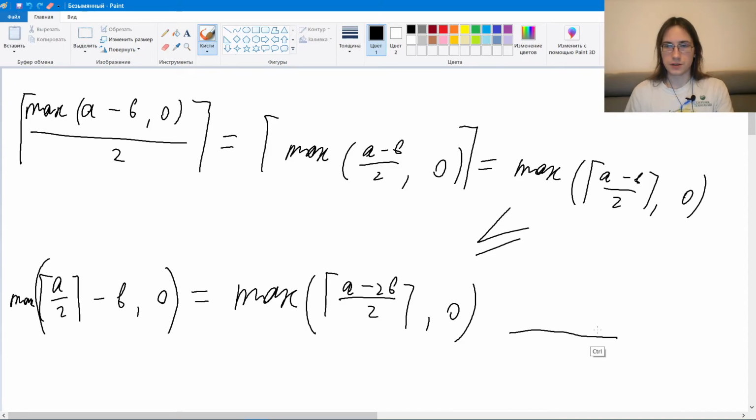Yeah, so it's also never decreasing. So this will be always not less than this. So if we want to minimize the sum, we always want to first divide by 2 and then subtract b. So our first simplification is knowing that we need to first apply the operations of type 1 and then the operations of type 2.